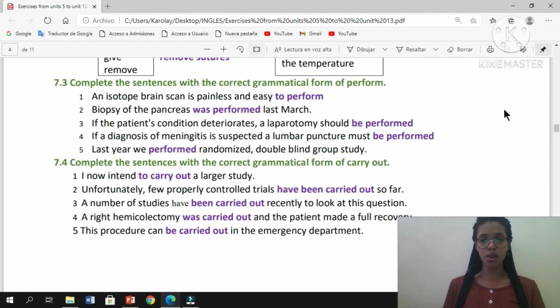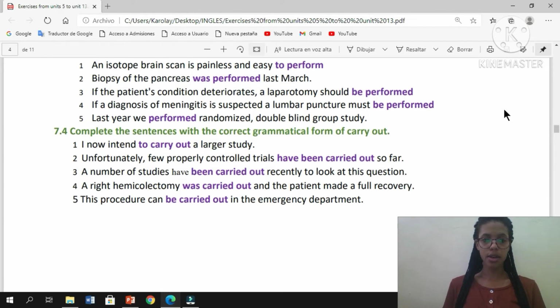Complete the sentence with the correct grammatical form of carry out. A new study is to be carried out. Unfortunately, few properly controlled trials have been carried out so far.